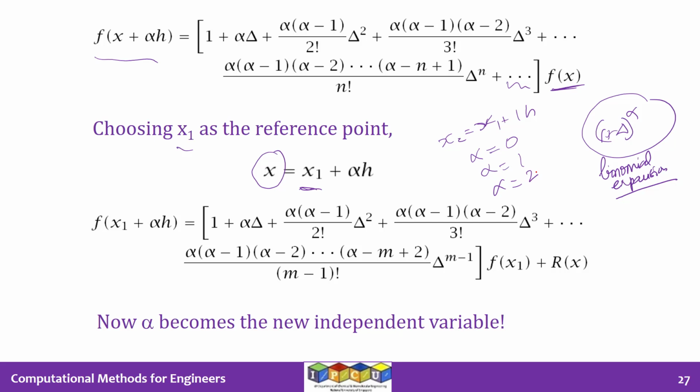If I choose a value of alpha equal to 0.5, it will take me to the midpoint between x1 and x2. So if alpha is equal to 1.75, it will take me to a point between x2 and x3, which is 3/4 away from x2 and 1/4 from x3, and so on. All right, so this alpha can be integer, it can be a fraction, etc. Instead of x, I'm going to put x1.